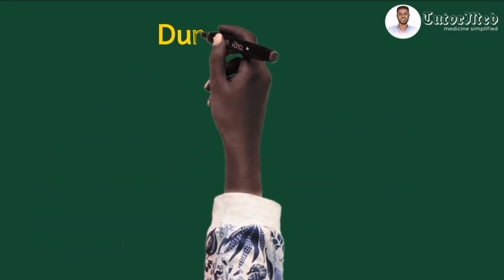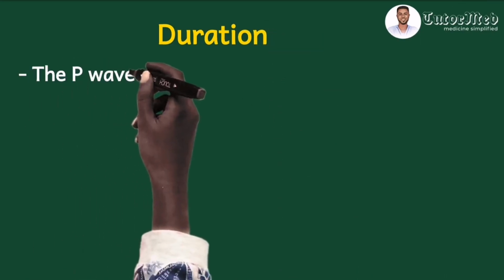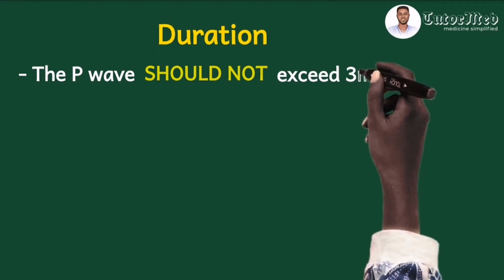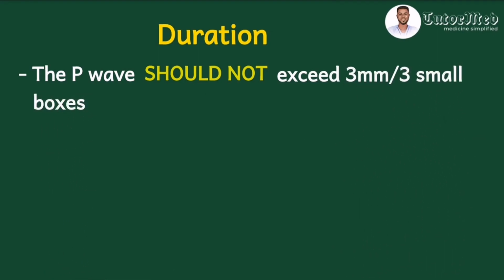The last thing is the duration of the P wave. For the duration, the P wave should not exceed 3 small boxes or 3 millimeters wide. Yes, it shouldn't exceed 3 millimeters or 3 small boxes wide. What I use to remember this is when you turn the number 3, you get the letter W, which stands for width.